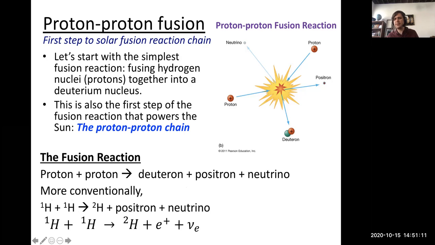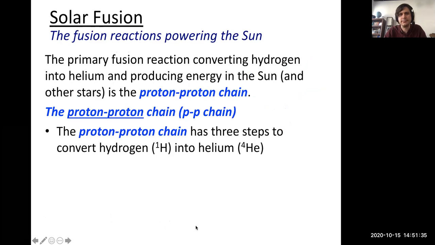Or we could use even the symbols for positron and neutrino, which you don't have to remember for this class, but it is a very convenient way to write. It's the only way I can write all the fusion reactions for this presentation. So I could just write this as hydrogen plus hydrogen has a fusion reaction to produce deuterium plus a positron plus a neutrino. And in this case, it's a special kind of neutrino, an electron neutrino.